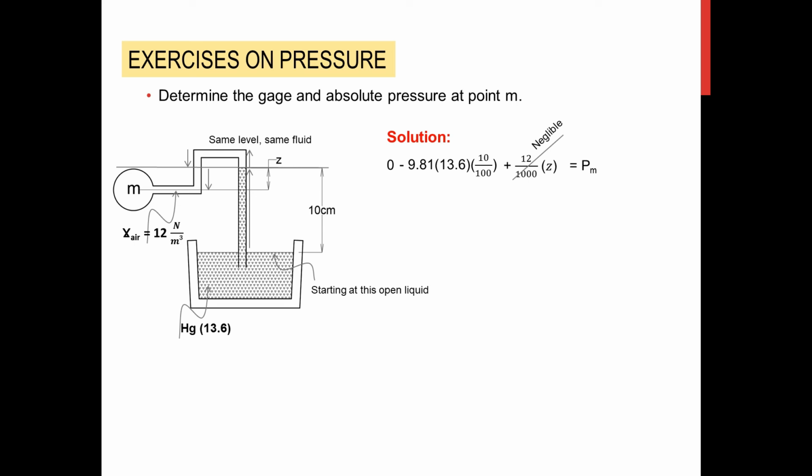So we can now equate our equation with the end pressure M. Solving for M, you'll be having 13.34 kilopascal, denoted by a negative sign, meaning that the pressure at the conduit is under vacuum or suction.